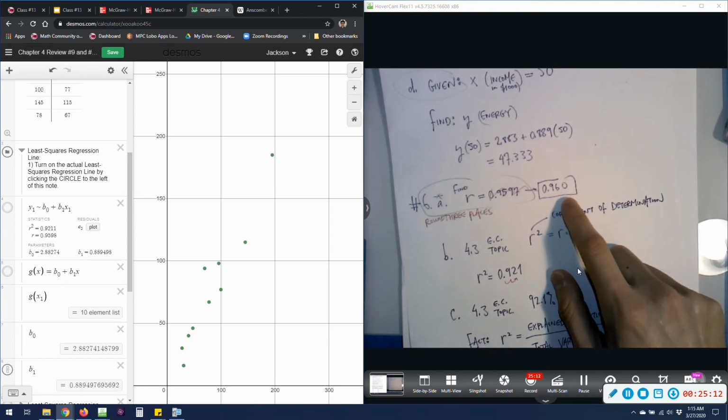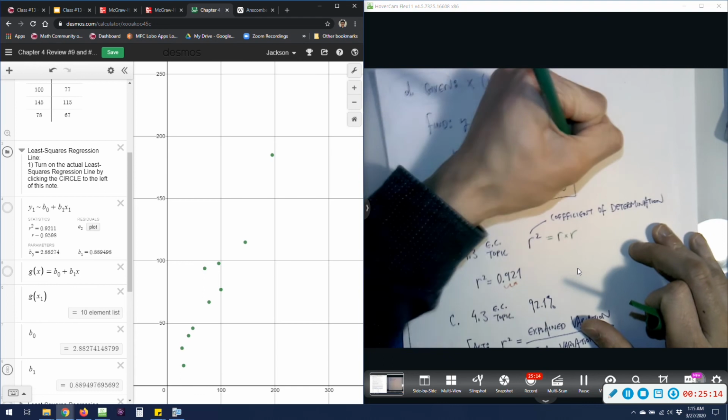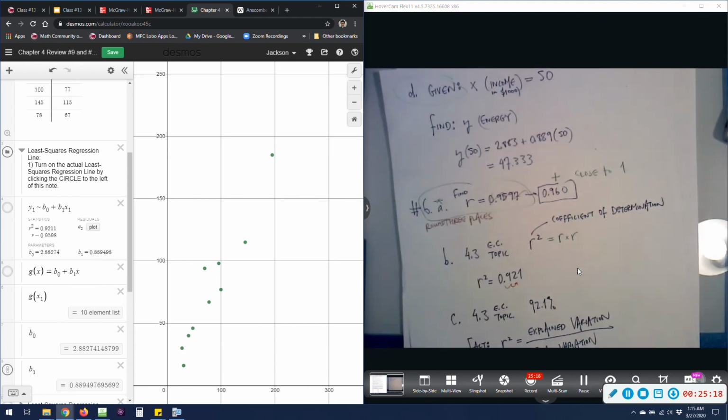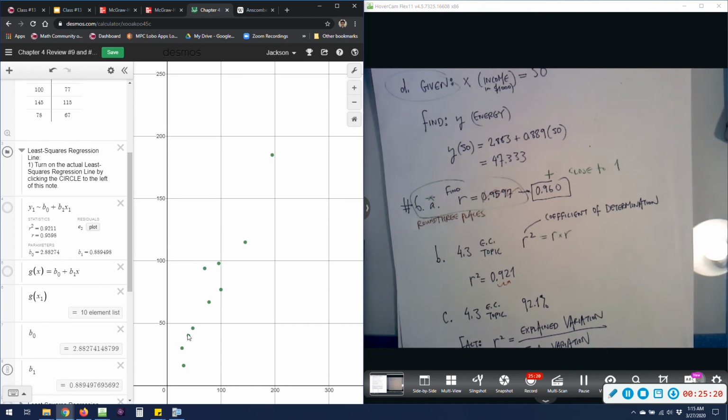So these dots should be forming a line, or very close to forming a line. And as you can see, it's kind of close to forming a line here. You can see that these dots in particular are very close. This one's a little far off. But if you ignored these 2 here, it'd be very close to a line.